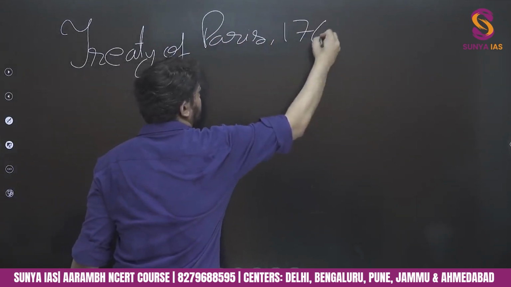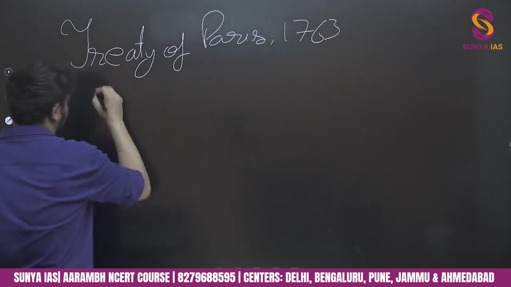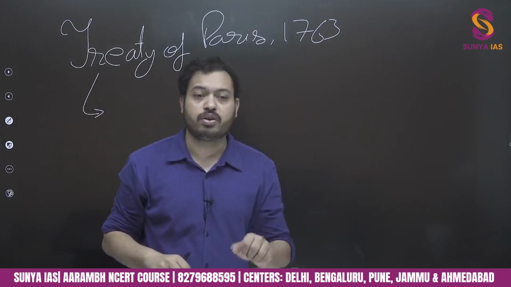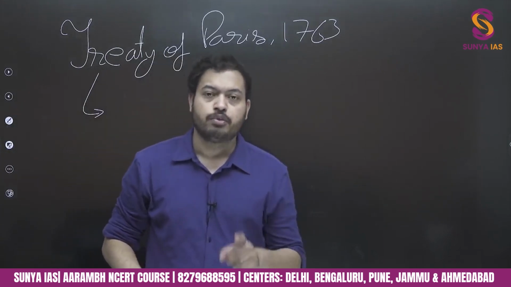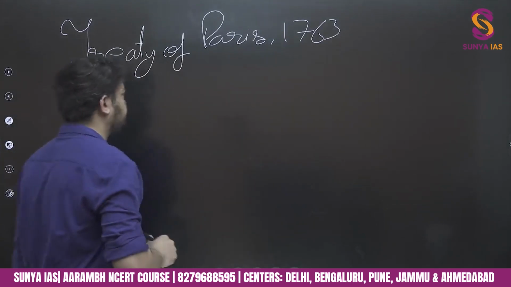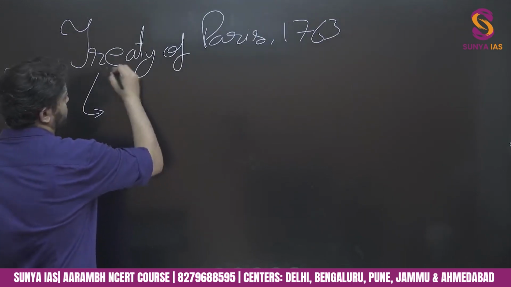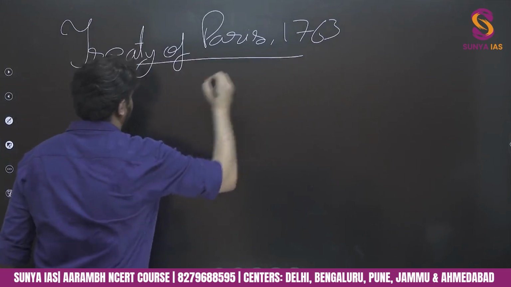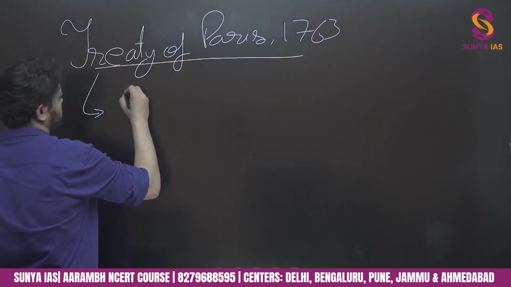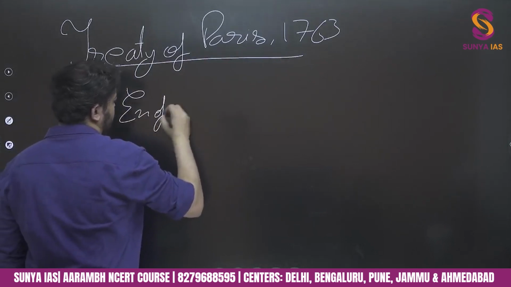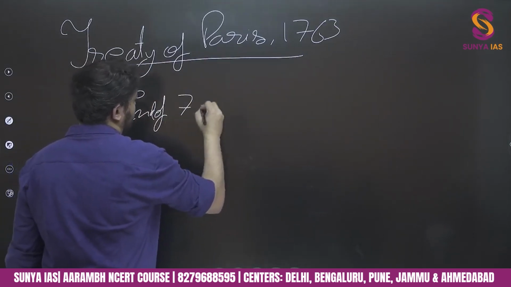But for the Treaty of Paris 1763, the main outcome was not this settlement on India's front. You can write this: the main outcome was regarding the end of the 7-year war.